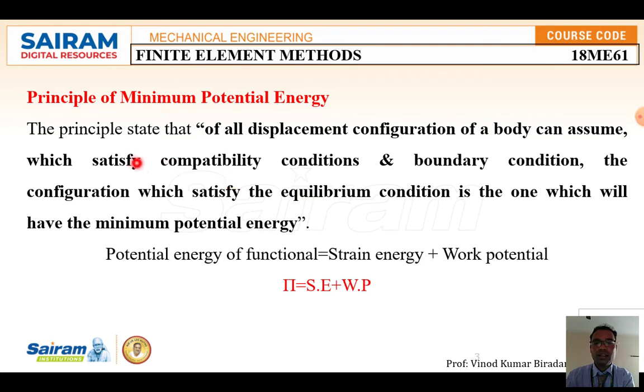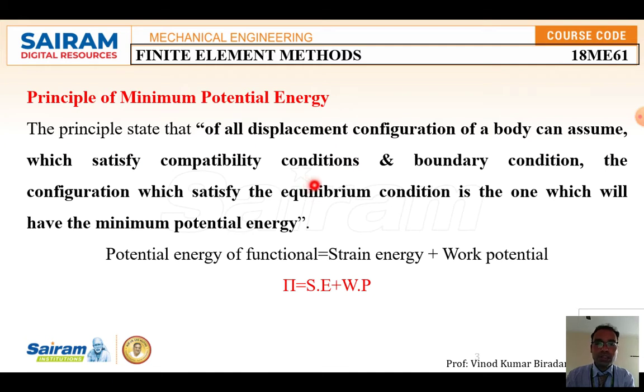That means, read this: displacement configuration a body can assume which satisfies the compatibility condition. Compatibility condition means the mathematical conditions which should be satisfied for the given divided element. Boundary condition means the necessary conditions, which wherever necessary we apply.